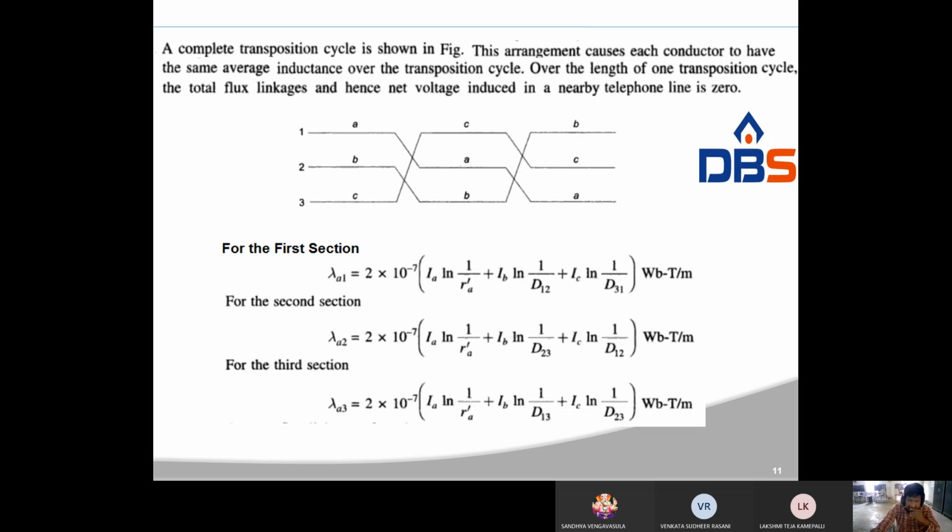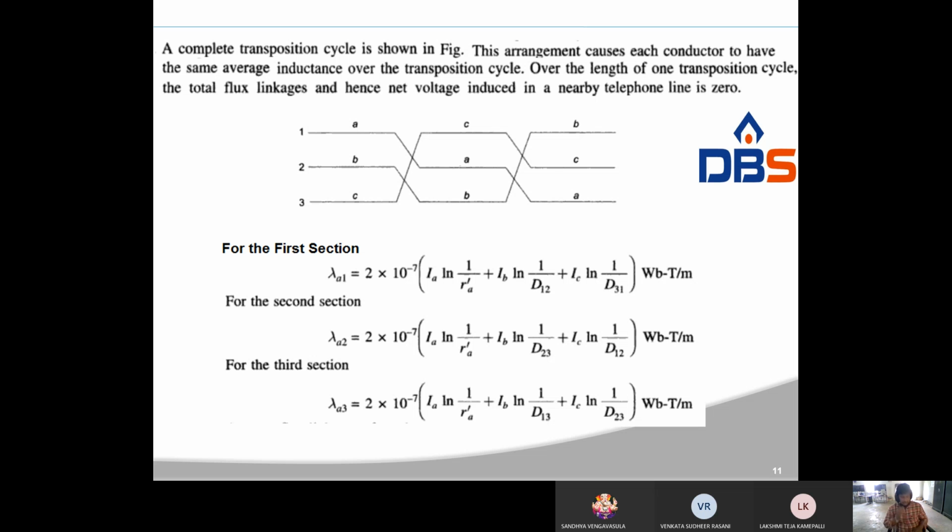Suppose I am considering this IA, it is 3 phase. IA is nothing but magnitude I at phase angle 0 degrees. IB is I at an angle minus 120 degrees. Sorry, 120 degrees. IC is I at an angle 240 degrees.